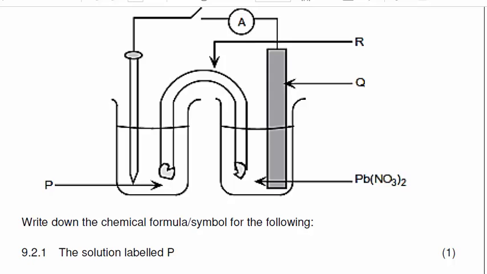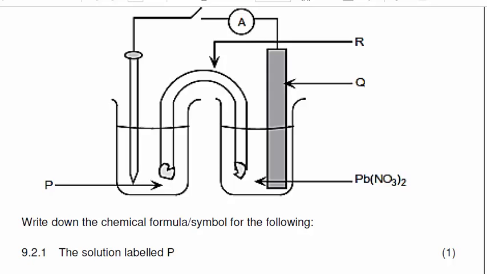It's one of two ways: either I got electrons, or I donated cations. Yes, Q is getting the cations, which means where are the cations coming from? From the electrolyte.